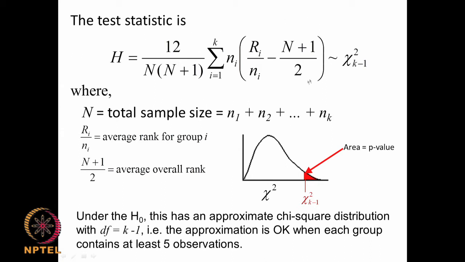This is the test statistic. Under the null hypothesis, this is an approximate chi-square distribution with degrees of freedom equal to k minus 1. The approximation is okay when each group contains at least 5 observations. So we compare this test statistic using the chi-square distribution.